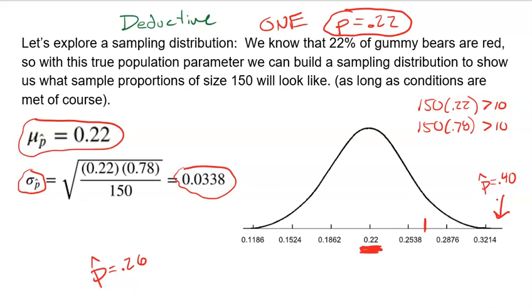But the point I'm trying to make is this. Sampling distributions are what we've already learned in the past. They're very, very easy. We've spent a lot of time on them. But sampling distributions are like deductive reasoning. We know the truth, so we put it in the center, and the model shows us what is supposed to happen. Let's dive into this a little bit deeper.